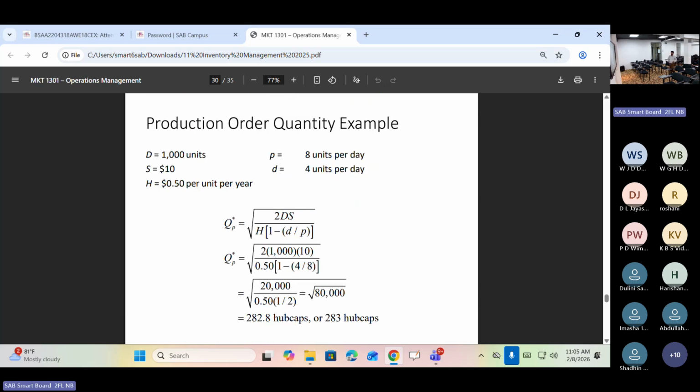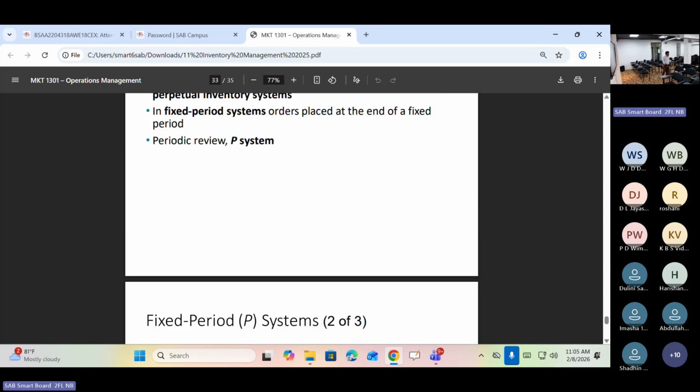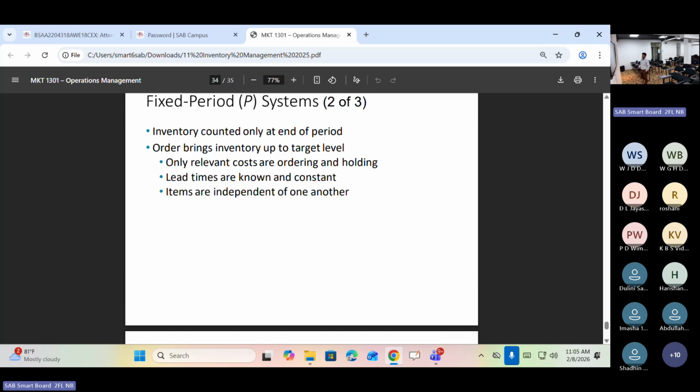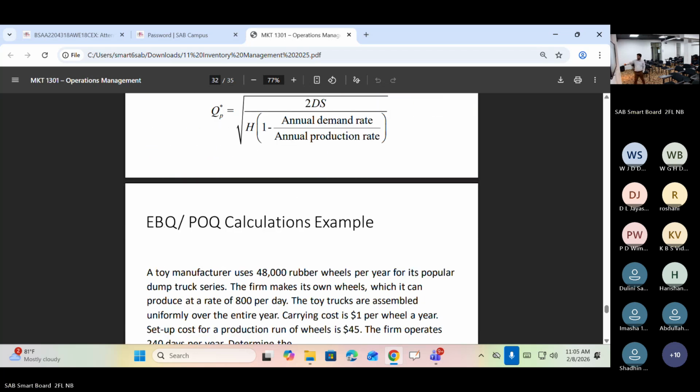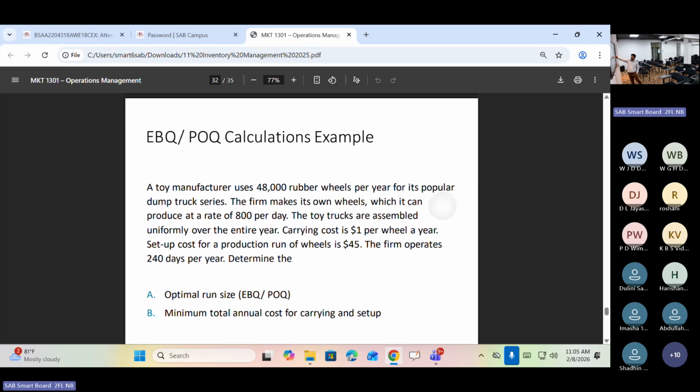What is simple D? 200. Okay, substitute that value. Simple P, that is given here, sorry, no, 800. Production rate times 4 days. I think it's a matter of calculating, you can do it.